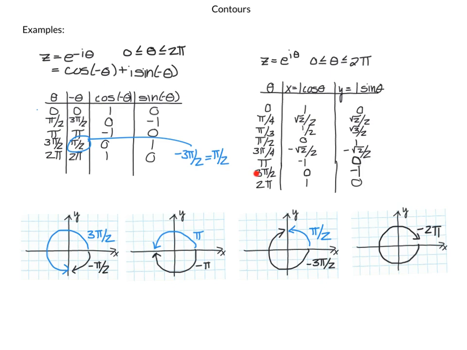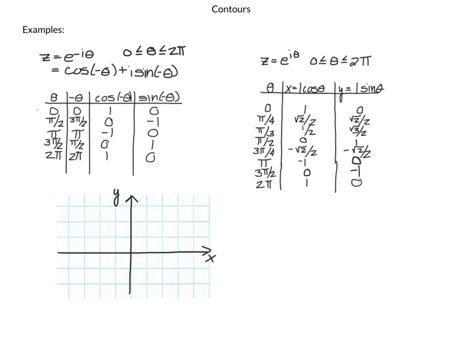So I can read that here, so pi over 2, I get 0 for x, 1 for y. And then finally at 2 pi, I've gone all the way around in the negative direction, but that's the same thing as going all the way around in the positive direction. So I'm back where I started.